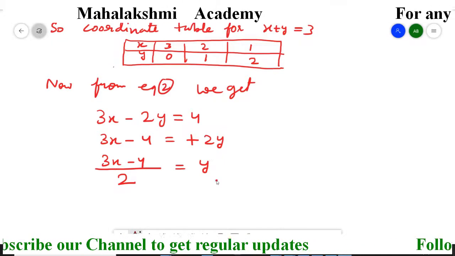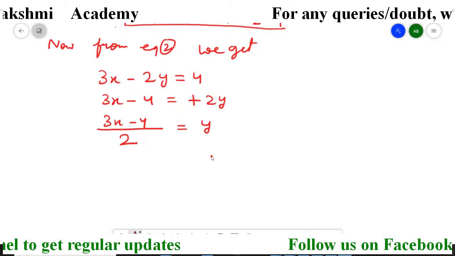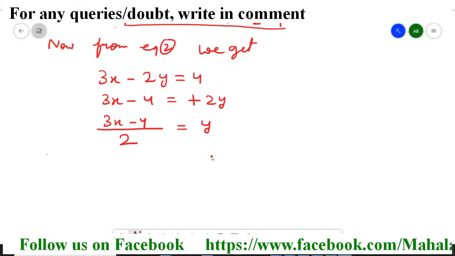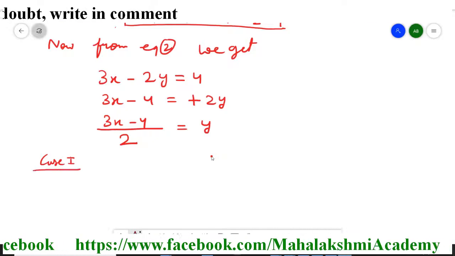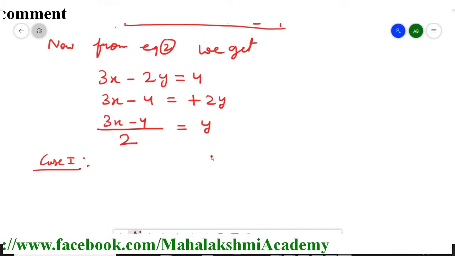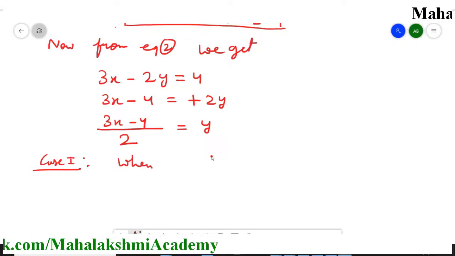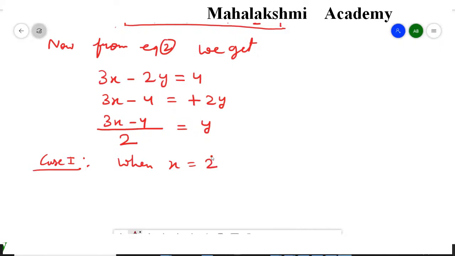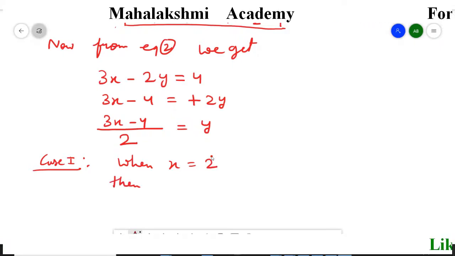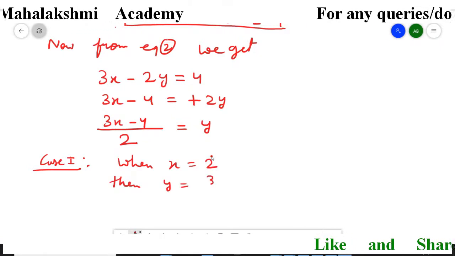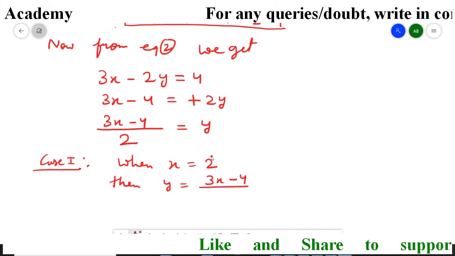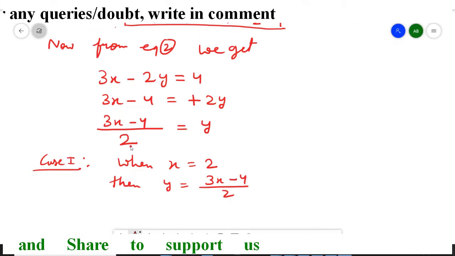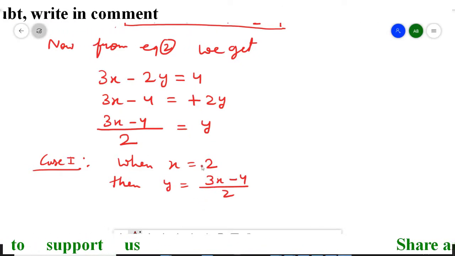Now in the same way we are going to assume the values of x. So case first, when x is equal to 2, then y is equal to, because the formula we got here is y equal to 3x minus 4 upon 2. Now here instead of x replace 2.